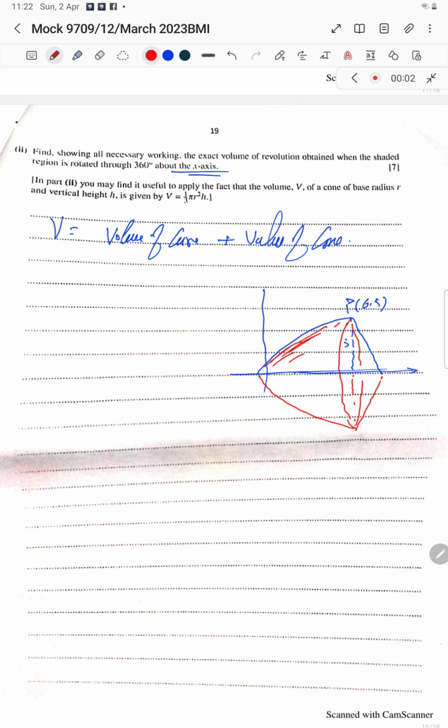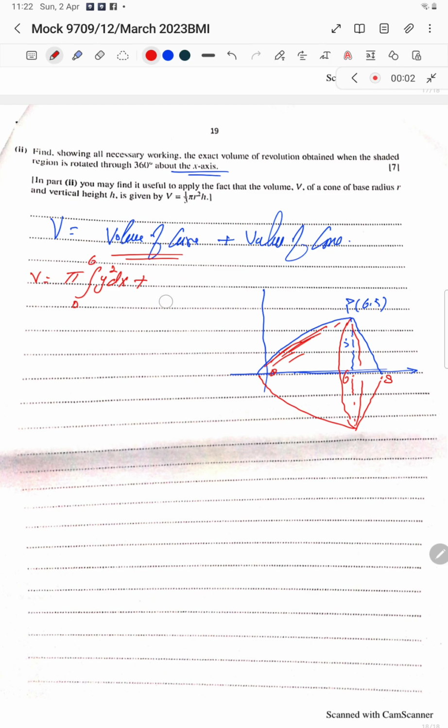As in the previous video I have explained well how to find the volume of the curve and the cone. So by applying the rule, V is equal to pi, because it's a definite integral, and its range goes from 0 to 6, then 6 to 8 for the triangle, the cone. So pi integral 0 to 6 of y squared dx plus volume of cone.